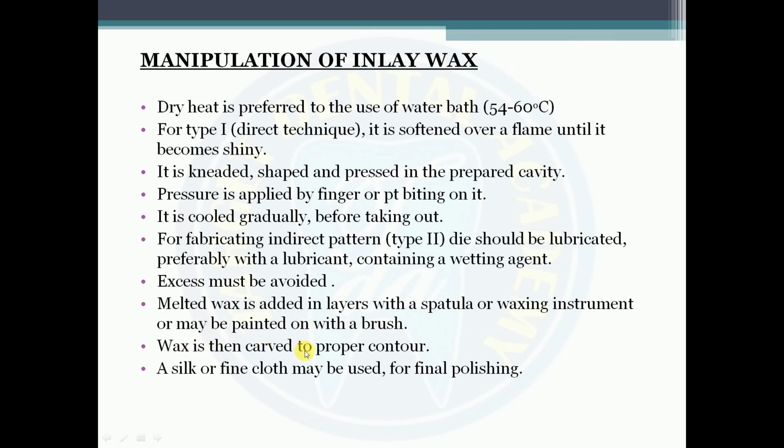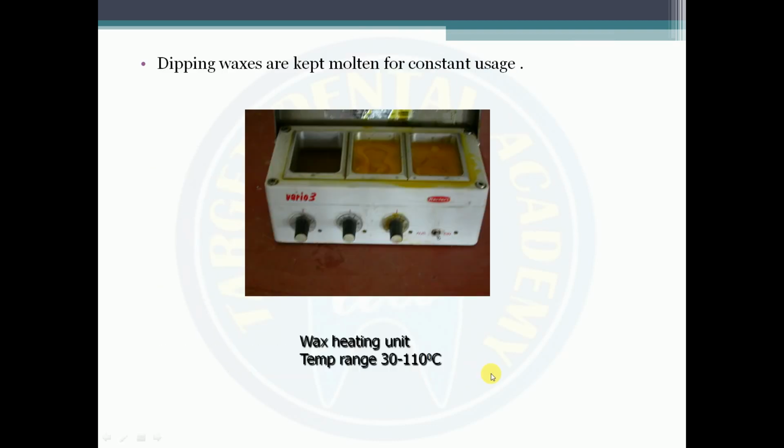Wax is then carved to the proper contour. A silk or a fine cloth may be used for final polishing. So this is the wax heating unit with the temperature ranging from 30 to 110 degrees Celsius.